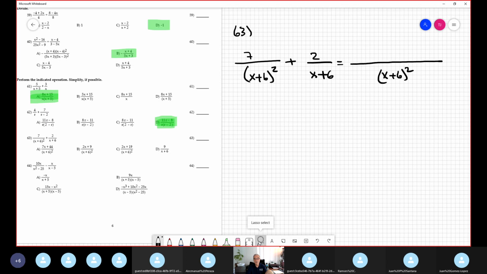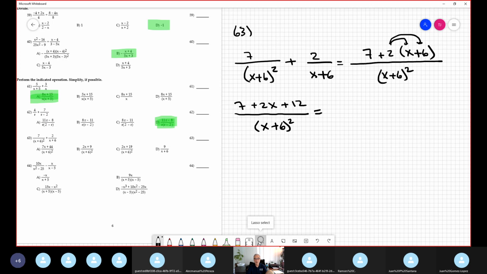Okay, this one coincides with this. We have 7 plus 2 times x plus 6. When you divide this by this, only one x plus 6 stays, times 2, so 2 times this. Now you distribute here. Let's say 7 plus 2x plus 12 over x plus 6 squared.